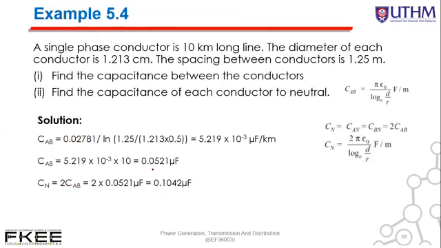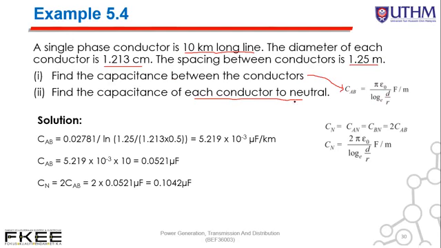Now let's see example 5.4. A single phase line is 10 km long. The diameter of each conductor is 1.213 centimeter and the spacing is 1.25 meter. Find the capacitance between the conductors and the capacitance of each conductor to neutral. To find the capacitance between the conductors, you can use the formula CAB equal to pi epsilon naught over log d over R farad per meter.